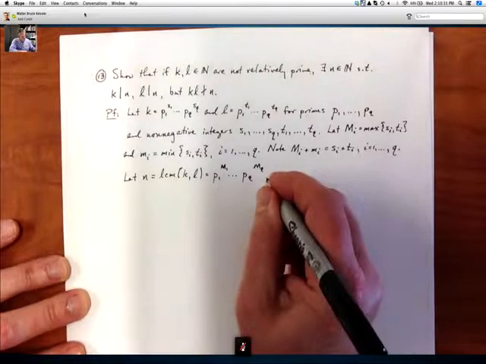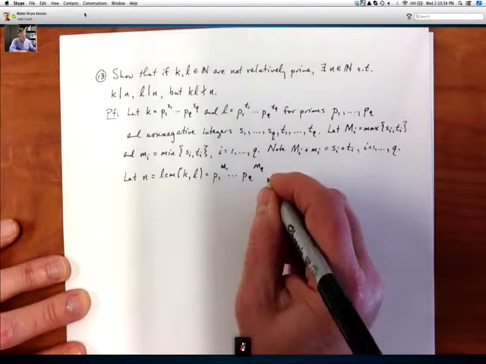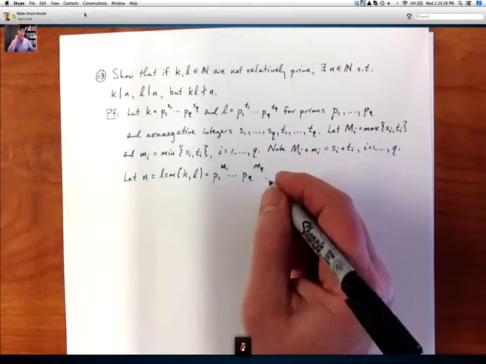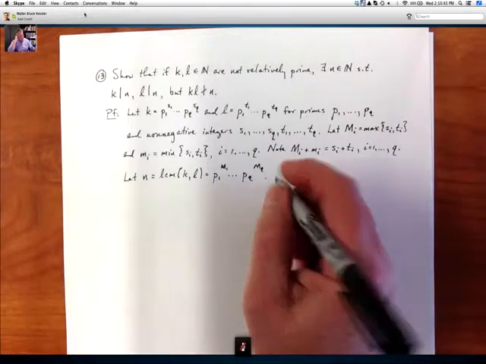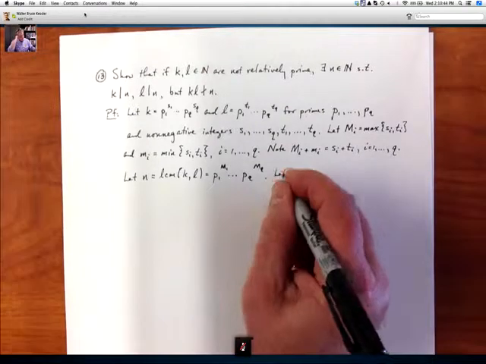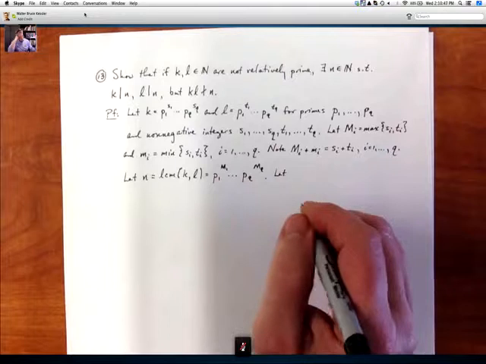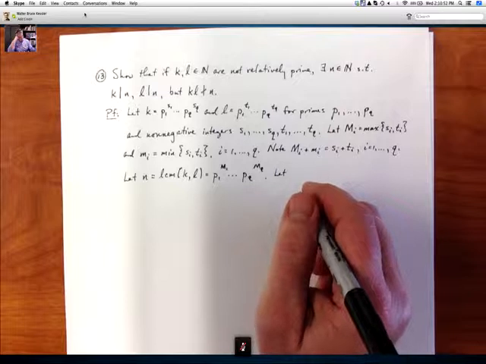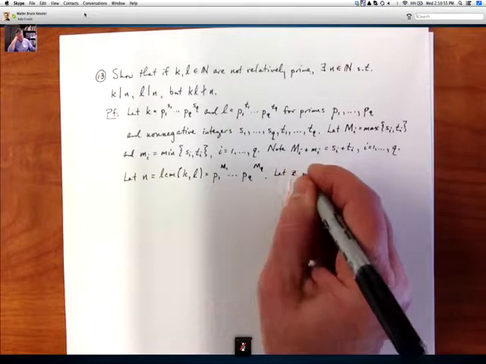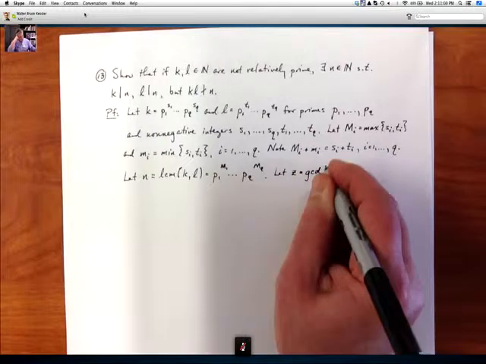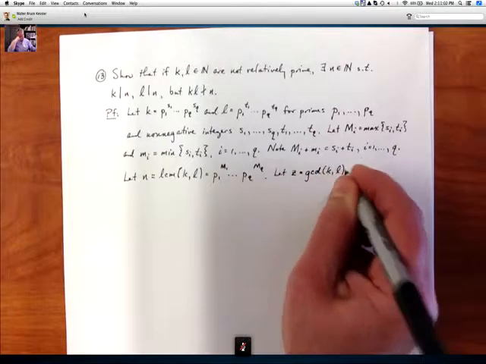Then we know, I want to get the other part too. I'll let, and I need something other than n. p, q's already in use. How about z? Z then, let's let that be the greatest common divisor of k and l.